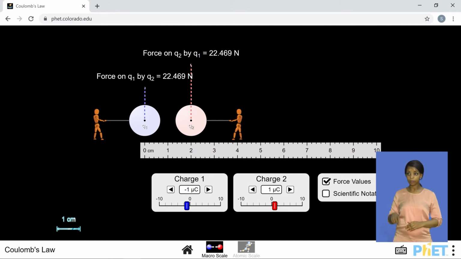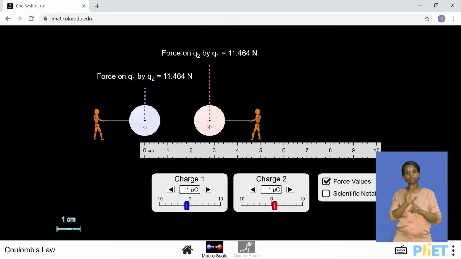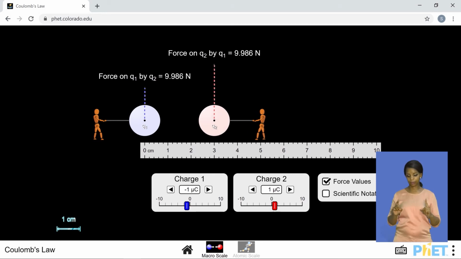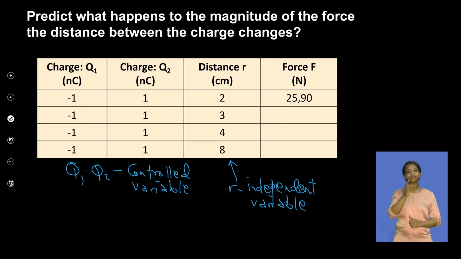So the distance must be 3 centimeters now. What exactly happens? There is the force. Now the force is 9,986. We have made the distance 3 centimeters between Q1 and Q2, right? So that is 9,9. So if we go back to our table, this gives us 9,9 newtons, right? So there's a decrease there.